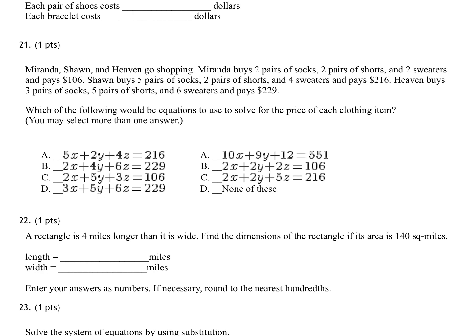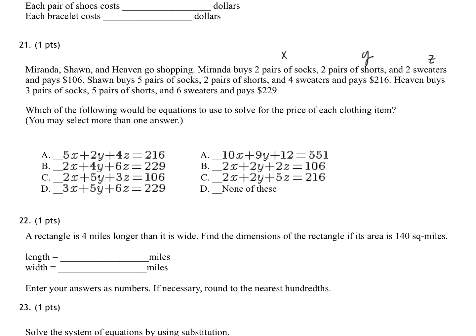So we have Miranda, Sean, and Heaven go shopping. So these are the 3 people. Miranda buys 2 pairs of socks, 2 pairs of shorts, and 2 sweaters, and pays $106. Okay, so the key is we don't know how much each item costs. So we'll say X is the dollar amount for a pair of socks, Y is the dollar amount for a pair of shorts, and Z is the dollar amount for a sweater.